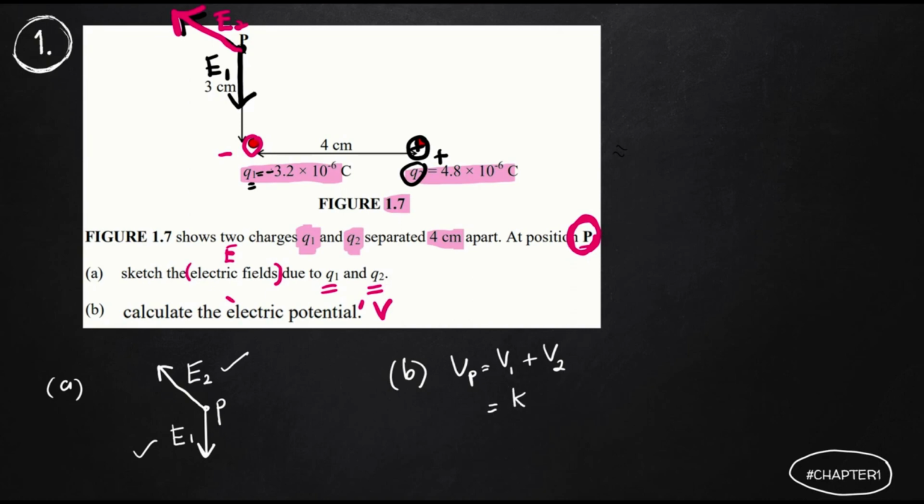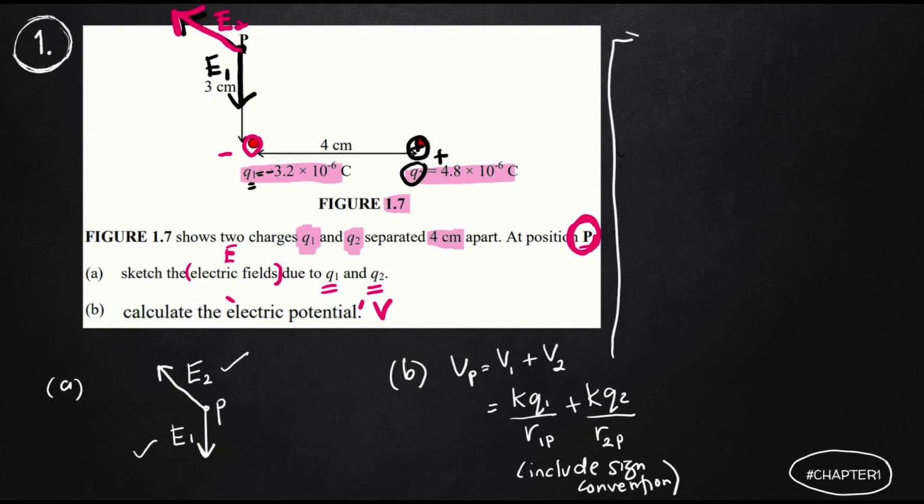So we have K Q1 over R1, where R1 is the distance from charge number 1 to point P, and K Q2 over R2, to point P. We'll continue here as we have limited space.